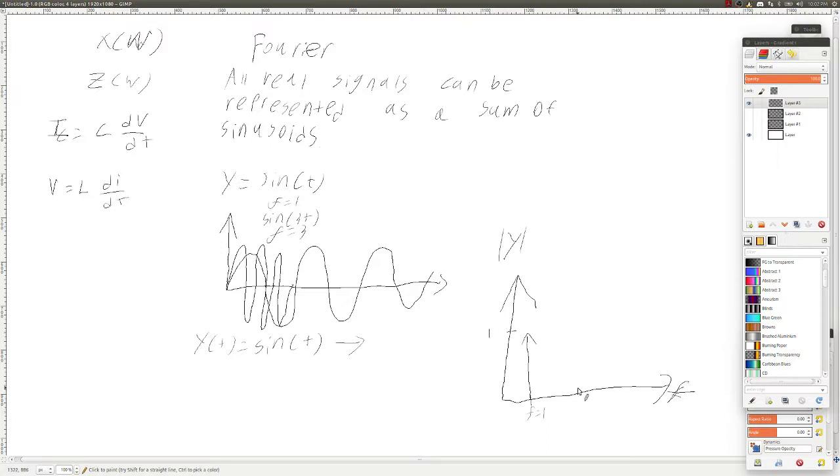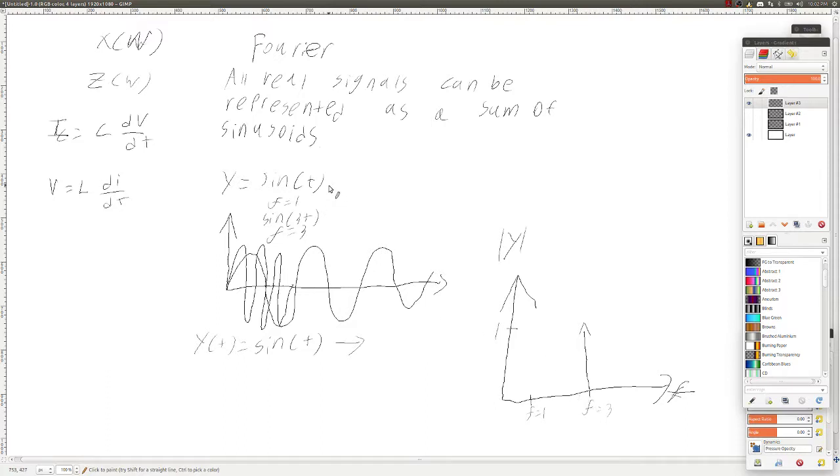And for f equals 3, if you have this other one, this sine of 3t instead, because the frequency of that is f equals 3, then the impulse would be at 3 instead. So an impulse with a magnitude of 1 and a frequency of 3.